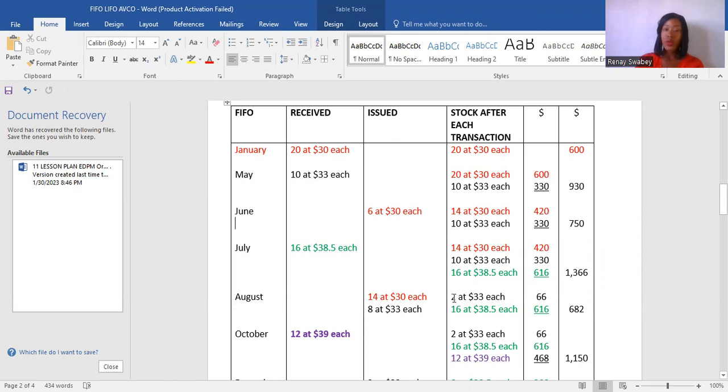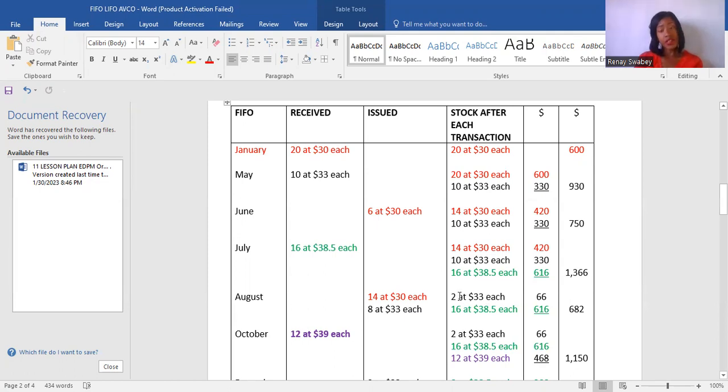So at the end of August, we check to see how many items we have left from the box of pineapple that Selena purchased. And she has 2 left over.